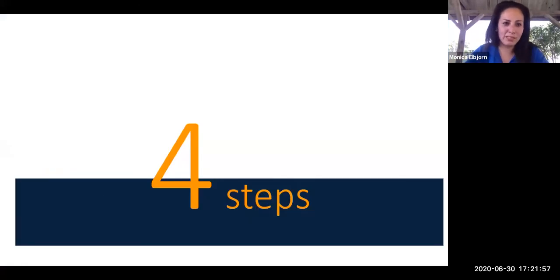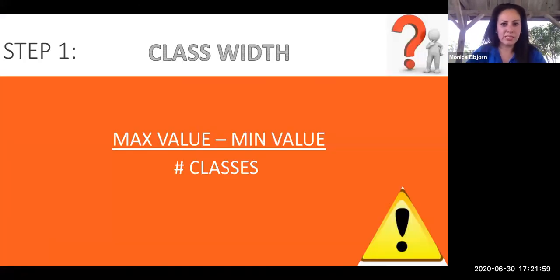So I divided it into 4 steps. The first step is getting the classes. The second step will be getting our class width. Over here it should say step 1, not step 2. Step 1 will usually be given to you, either by your professor or, this time, by me, your instructor.